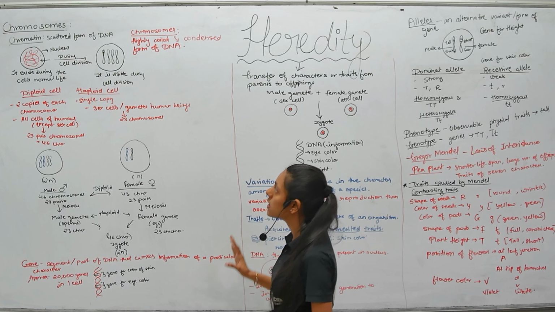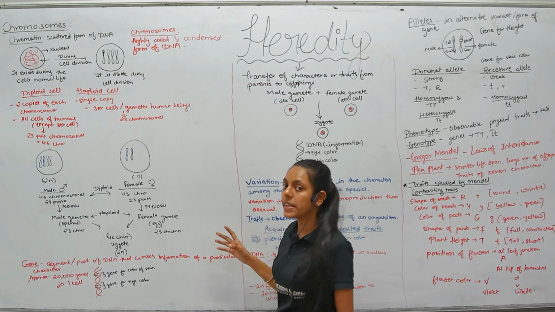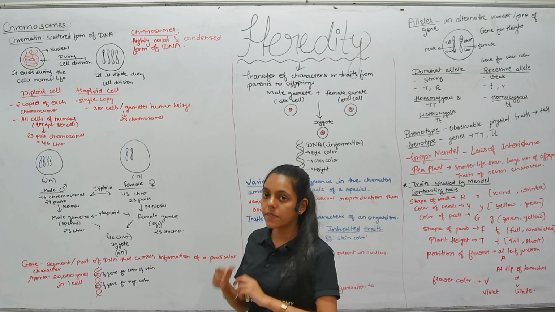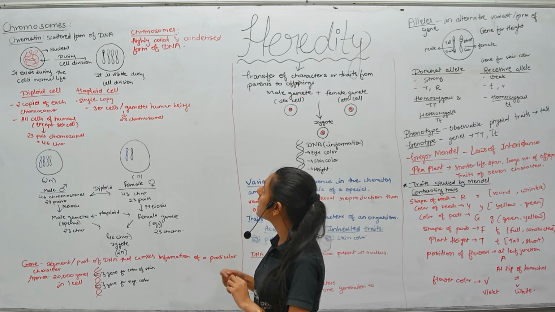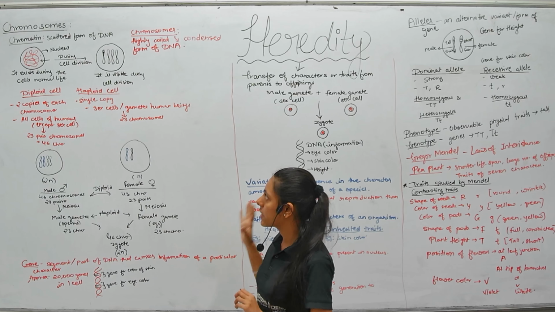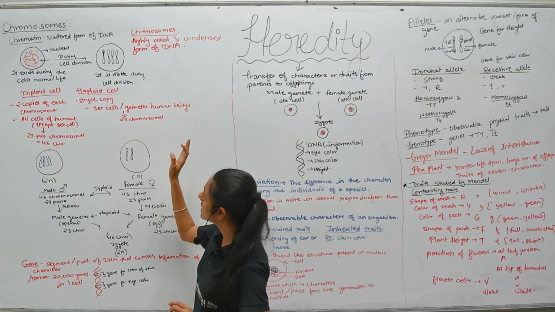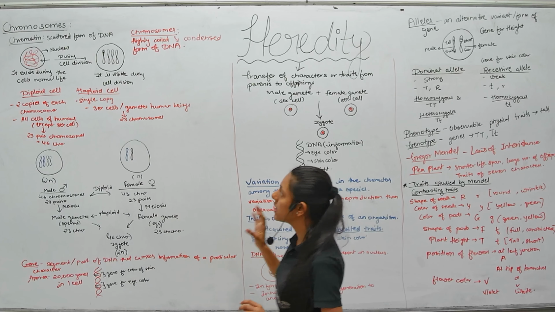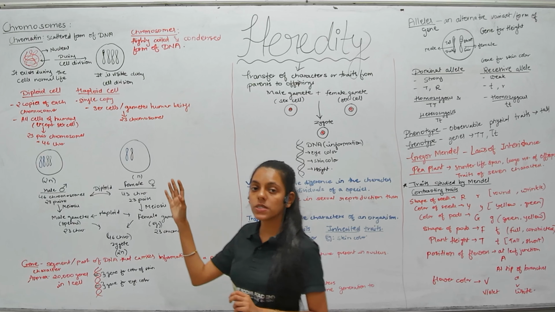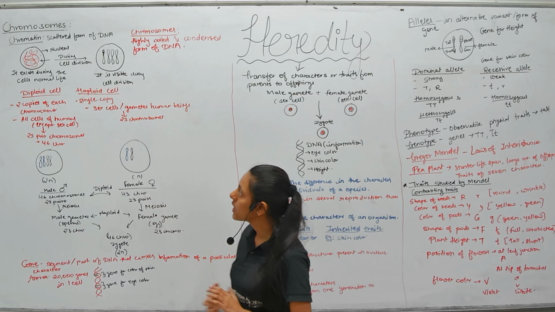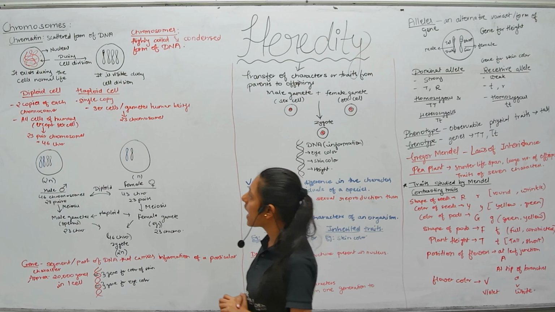But during cell division, what will happen? It will get packed. It will be a highly coiled and condensed form of DNA, the chromosomes. During cell division, the chromosomes will be clearly visible, and earlier it was chromatin. Then we come to diploid cells and haploid cells.